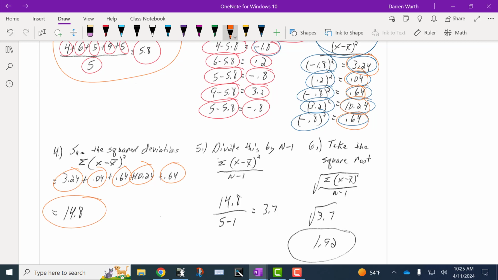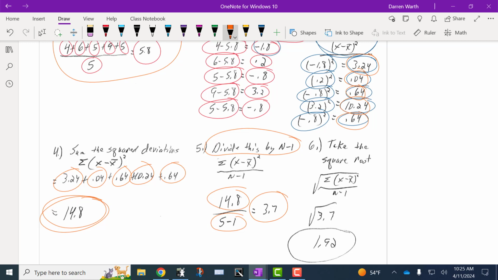The next step, number 5, says divide this by n minus 1. That's the number of data values. I count them up, 1, 2, 3, 4, 5 data values. So I substitute that in, 5 minus 1. I take 14.8 divided by 5 minus 1, which is 4, and I get 3.7.